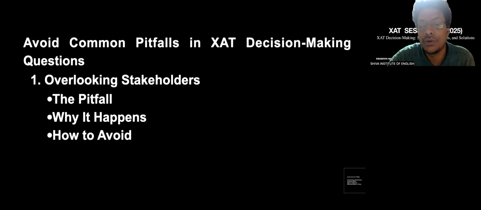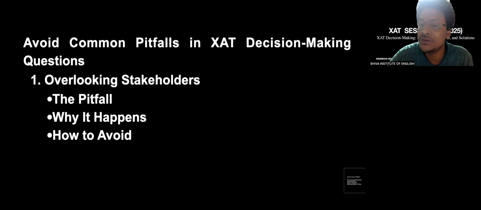So how to overcome those things? The first thing is called overlooking stakeholders. When we talk about overlooking stakeholders, the pitfall is ignoring or underestimating the concerns of all parties impacting or impacted by the decision, which can lead to a solution that is biased or incomplete.